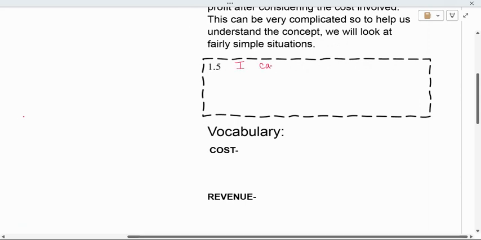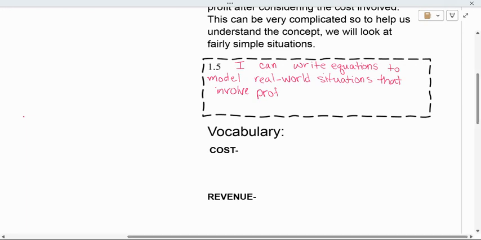It says I can write equations to model real world situations that involve profit, cost, revenue, and break even scenarios.